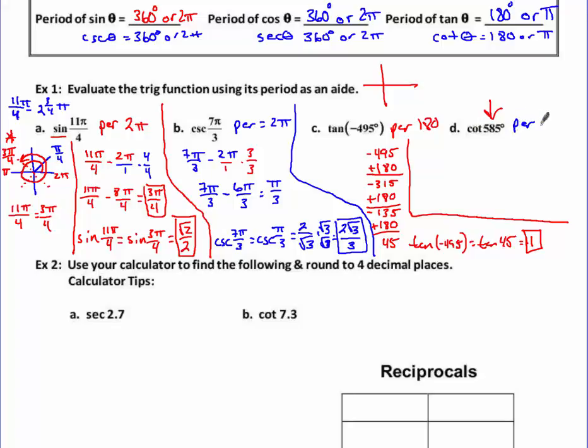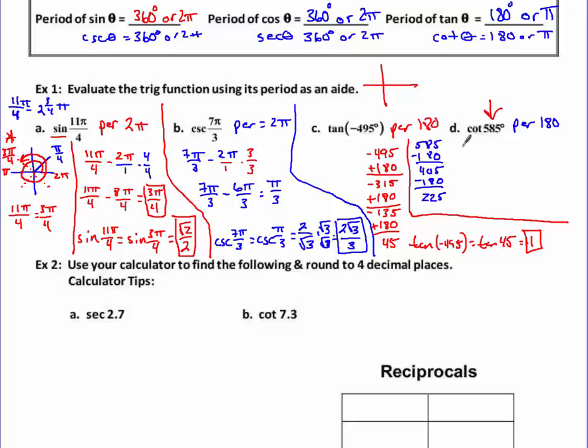Our period is 180, so we're going to do 585 minus 180, we get 405, minus another 180, we get 225.